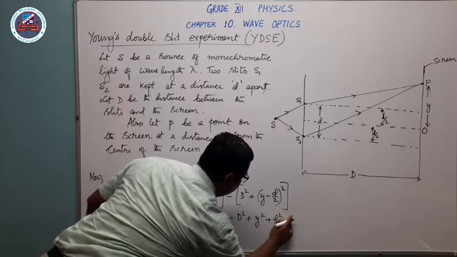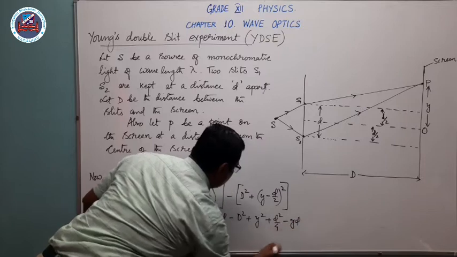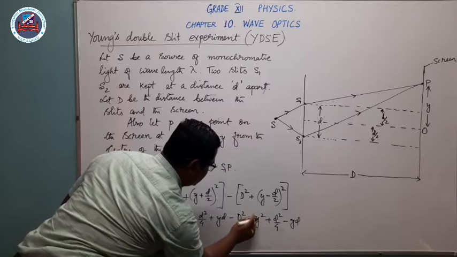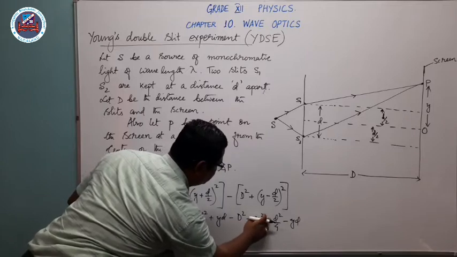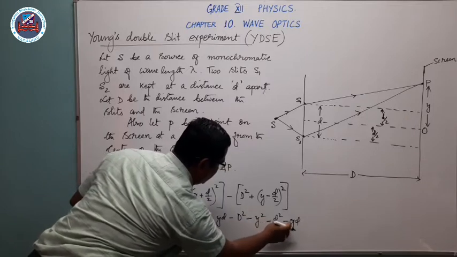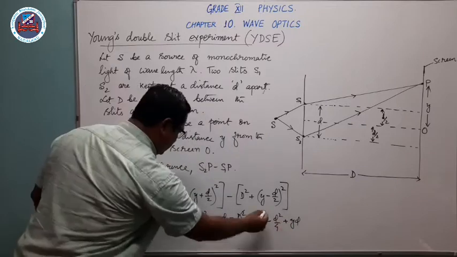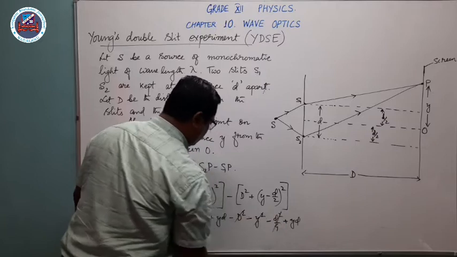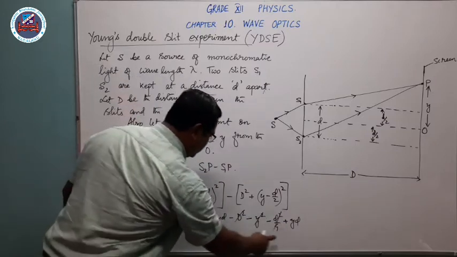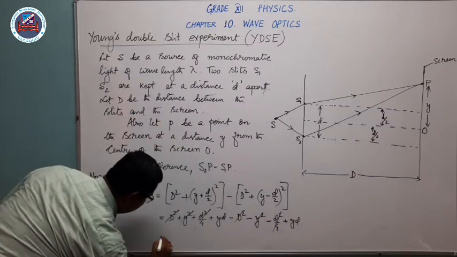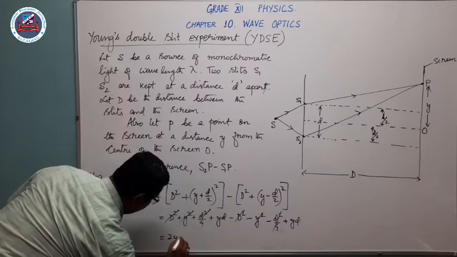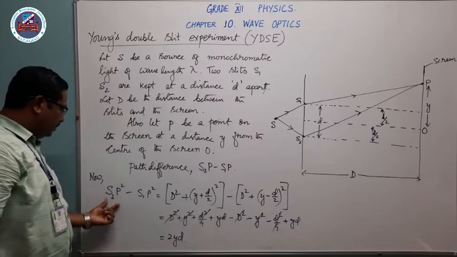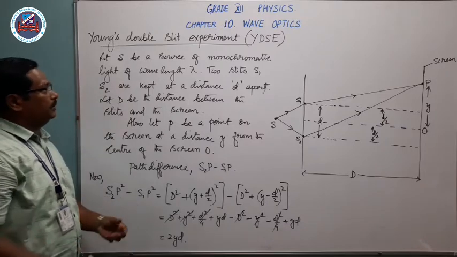But because of the minus sign, all the terms will become minus. So Y square minus Y square you can cancel, plus D square by 4 minus D square by 4 you can cancel. Ultimately you get 2YD. Like this you will find out the difference between S2P square and S1P square.